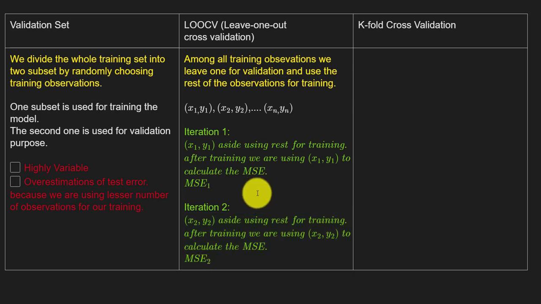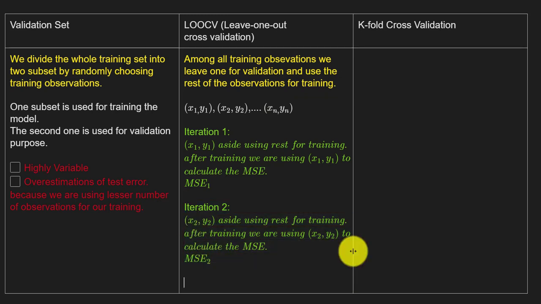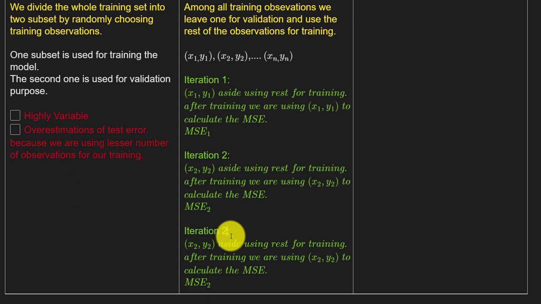We'll be repeating this process n number of times, because we have a total of n observations. If I copy this whole stuff and paste it over here, our iteration n will be: we keep xn and yn aside, use the rest for training purpose, and use xn and yn to calculate the MSE again.